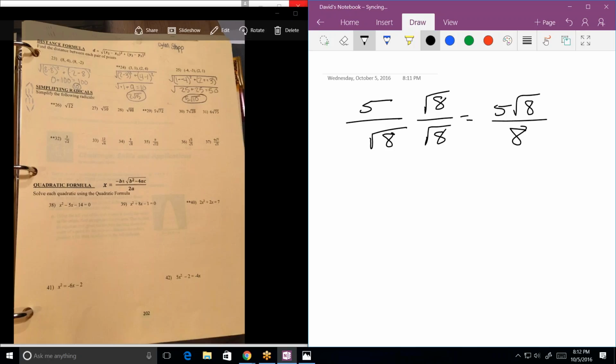No. Okay. Alright. And then the next one is, where am I at here? 8 over root 12. Alright. Okay, so we multiply by root 12 over root 12.